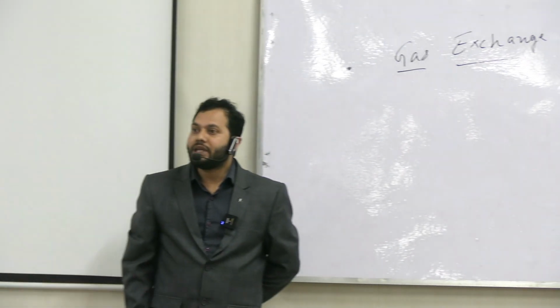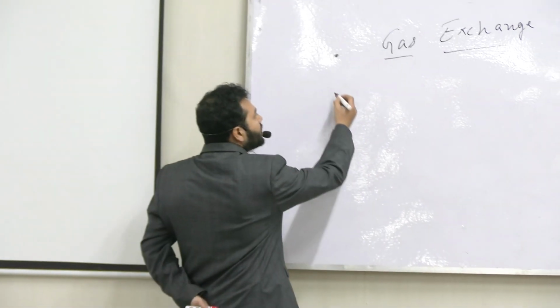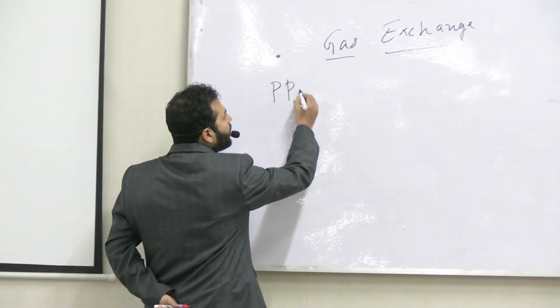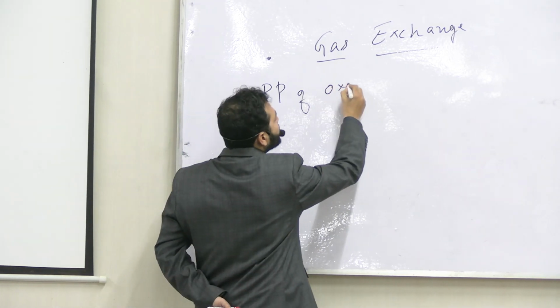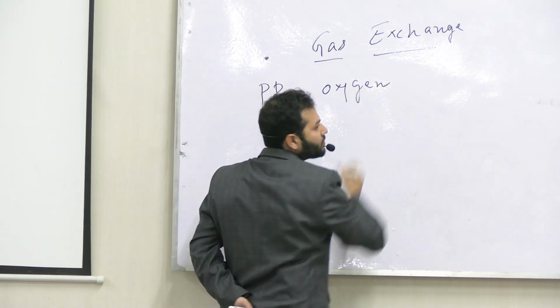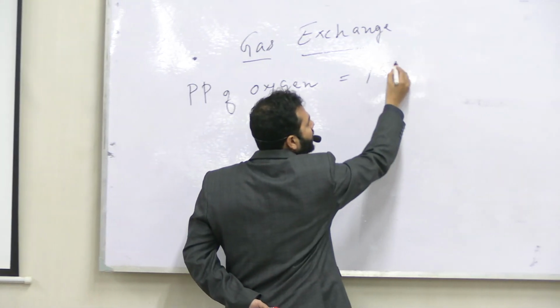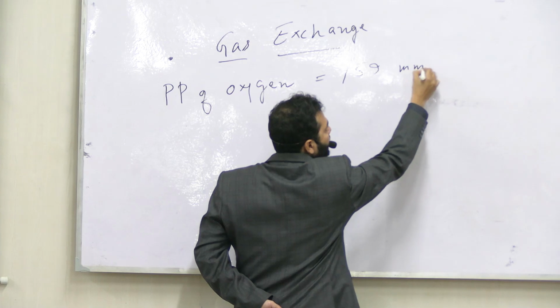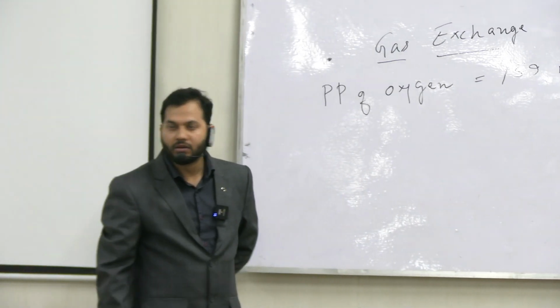In the atmospheric air, the partial pressure of oxygen is around 159 mmHg in atmospheric air.